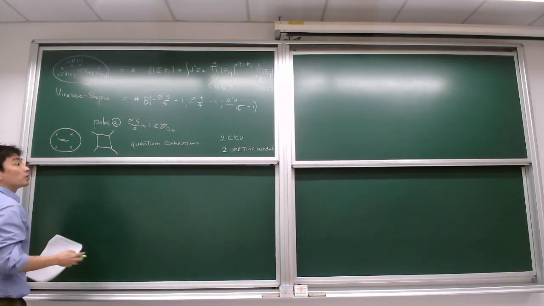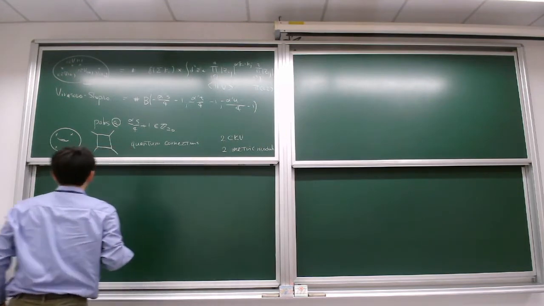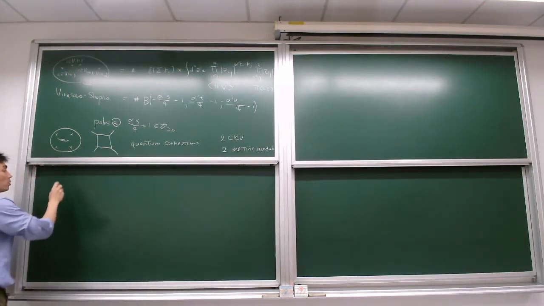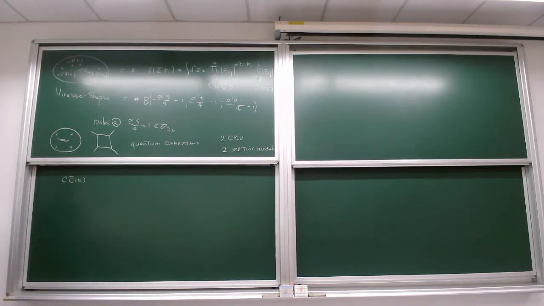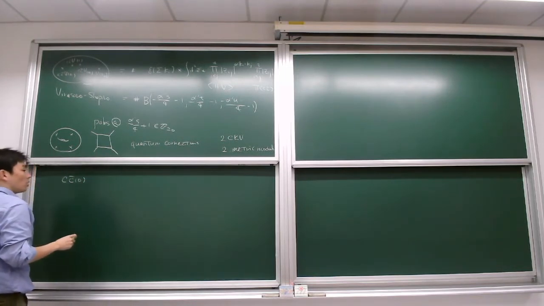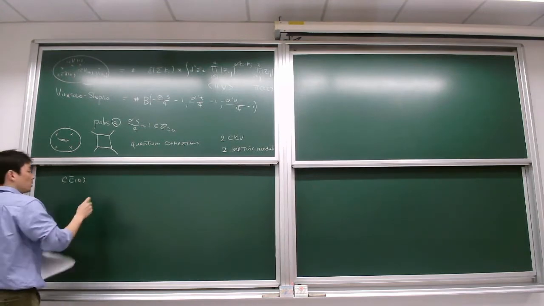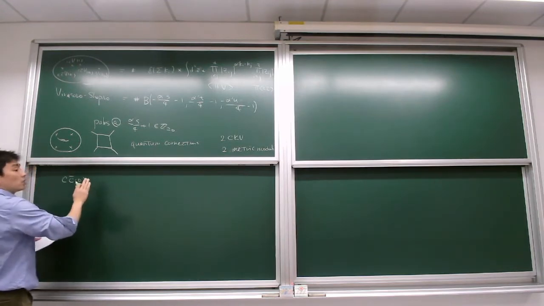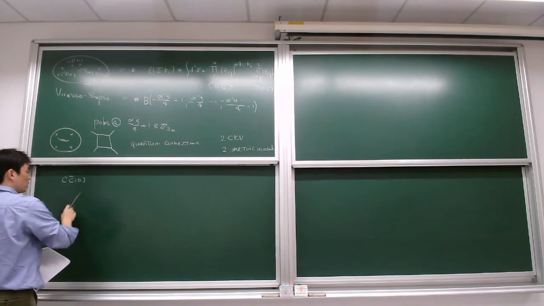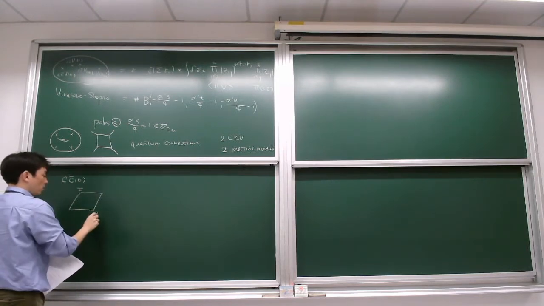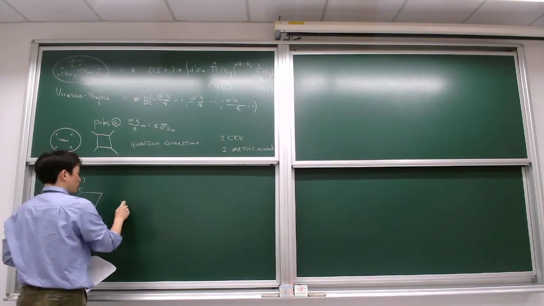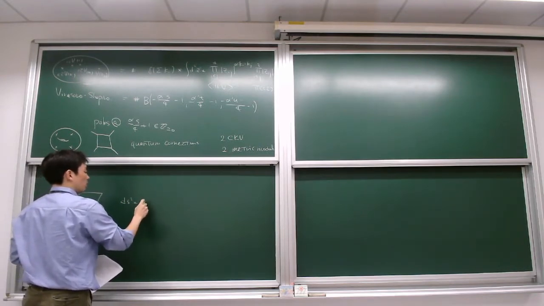And first let's fix the conformal Killing vector. Again we need to introduce the zero mode, c c-bar 0, the zero mode of the c ghost. In the torus, we start with the torus with periodicity tau and 1, where the metric is flat.